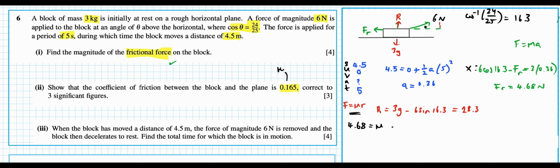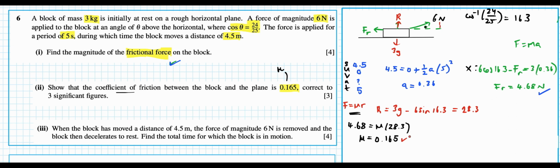Let me just think about that for a second. We actually can't just use that yet though, so plug in your values to prove it. So 4.68 equals mu times 28.32, and when you divide 4.68 by 28.32, you'll get the value of mu. Okay, that's our second part done.